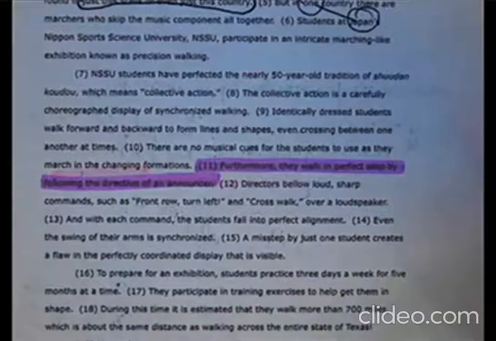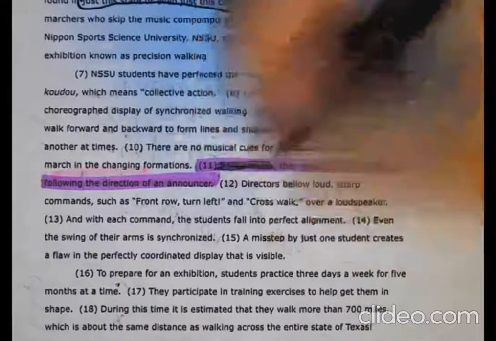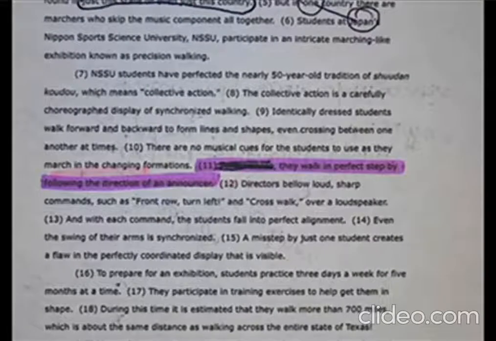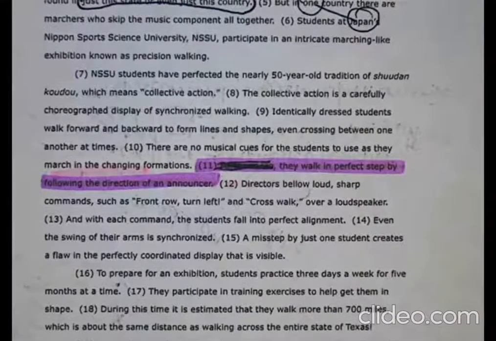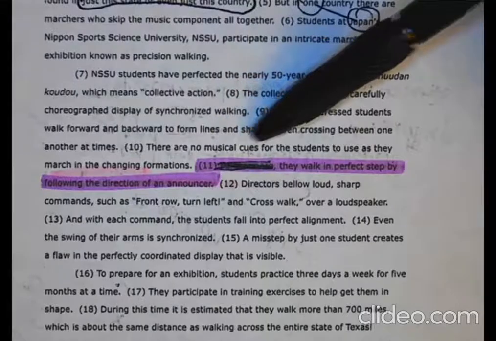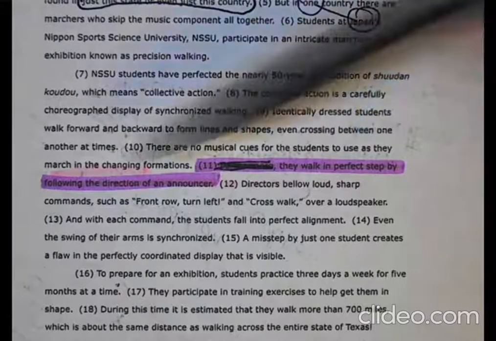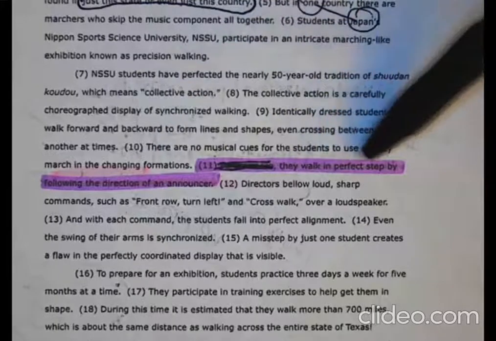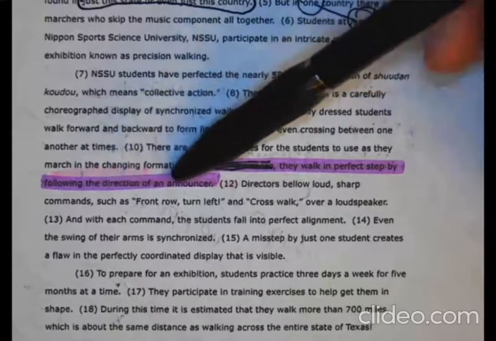Okay. I'm also going to delete furthermore from here because I already know it's wrong and I don't want it to confuse me. So now, sentence 10. There are no musical cues for the students to use as they march in the changing formations. They walk in perfect step by following the direction of an announcer.